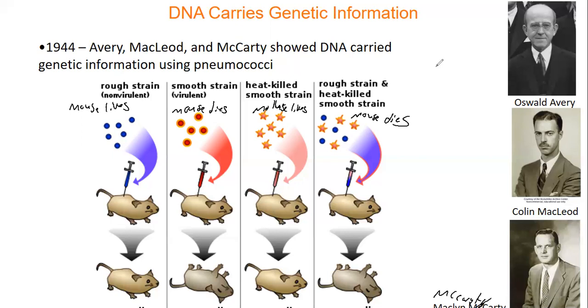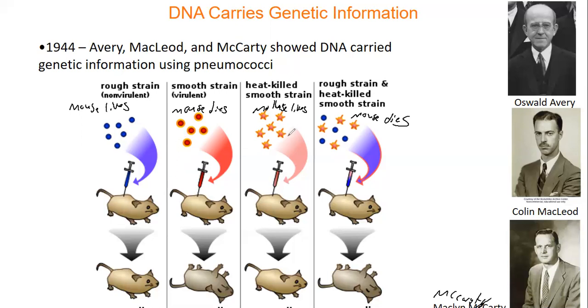And they used two strains of bacteria, rough strain and smooth strain. For this experiment, if you give a mouse a shot of rough strain, the mouse is fine, the mouse lives. If you give that mouse smooth strain, it dies.